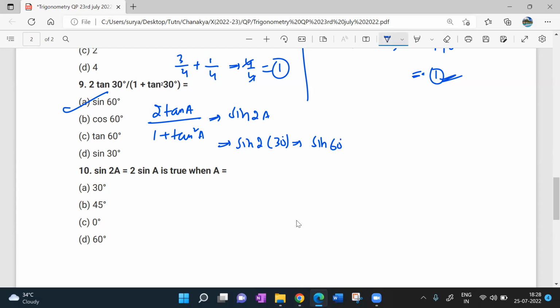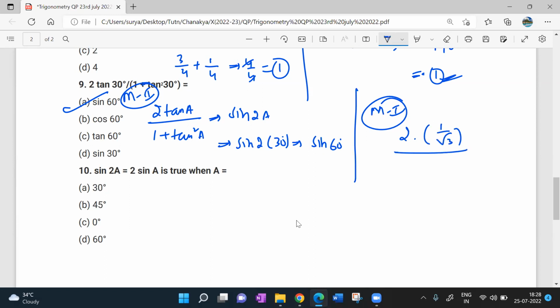Sir, we don't understand like this. We'll do one thing. This is method 1, beta. Method 2 you take this. Method 1 is our actual method: 2 times tan 30. Tan 30 is how much? 1 by root 3. Whole divided by 1 plus tan 30, 1 by root 3 whole square. So 2 by root 3 whole divided by 3 plus 1 by 3, correct?